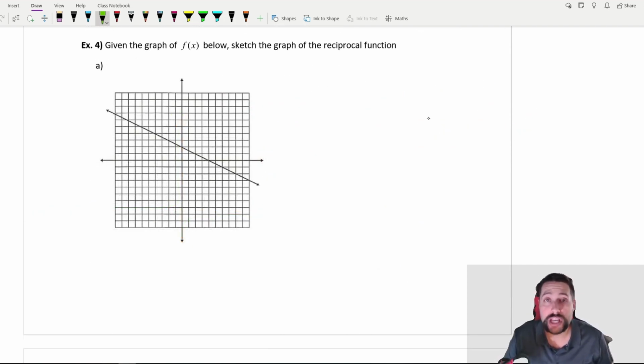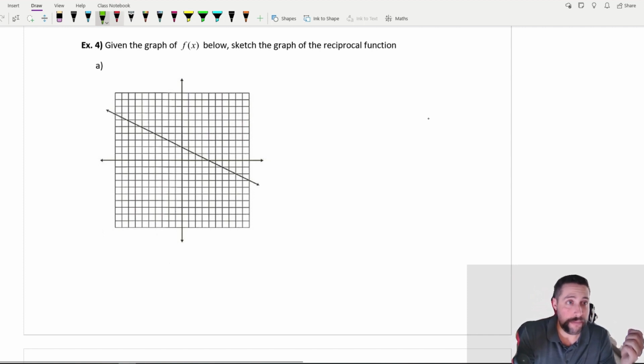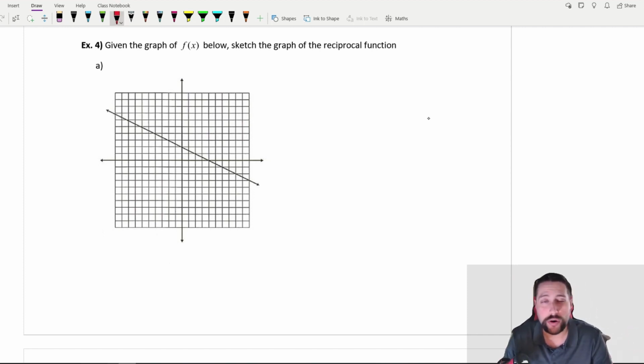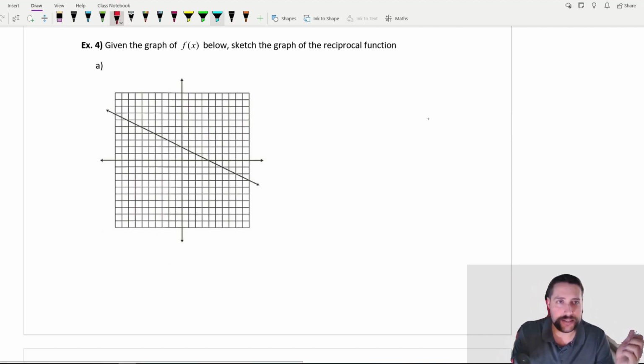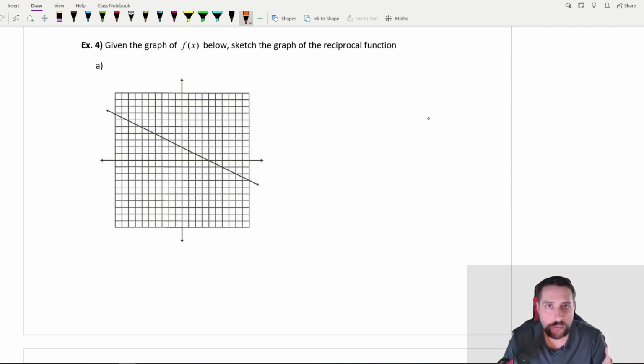Moving on to example 4. It says, given the graph of f of x below, sketch the graph of the reciprocal function. In this case, we are not given an equation to graph, so we have to figure out how this reciprocal function graph will look. Essentially, wherever it crosses the x-axis, whenever y is 0, that's where our vertical asymptote will be.